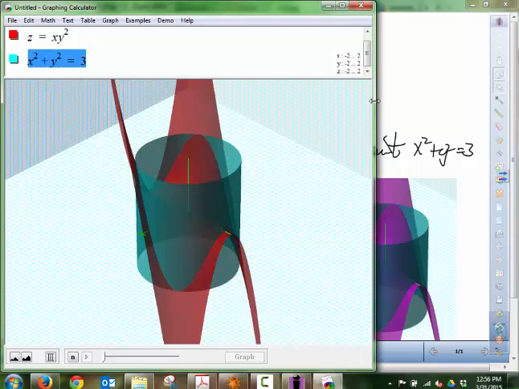You understand the question? Not of the intersection curve. Let's say this is my function, z is equal to x times y squared. If I find the gradient of that and then graph it somewhere, what is my graph going to look like?